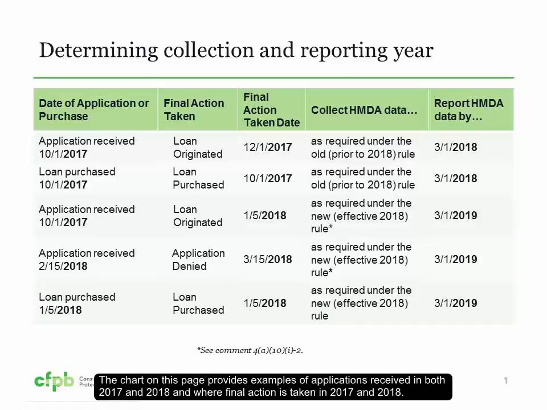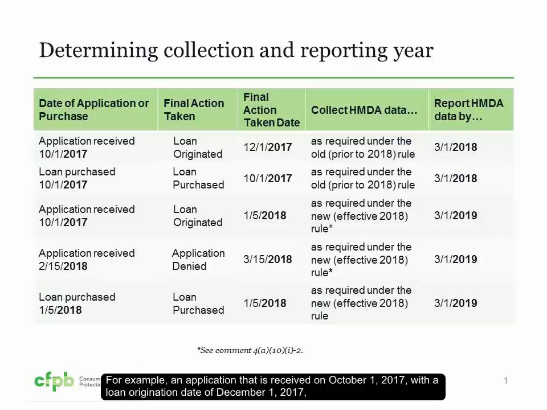The chart on this page provides examples of applications received in both 2017 and 2018, and where final action is taken in 2017 and 2018. The chart further illustrates what should be collected and by when it must be reported.